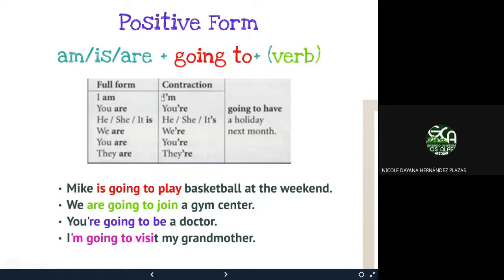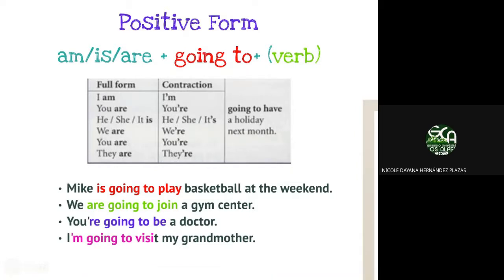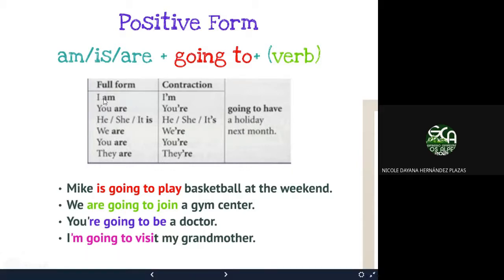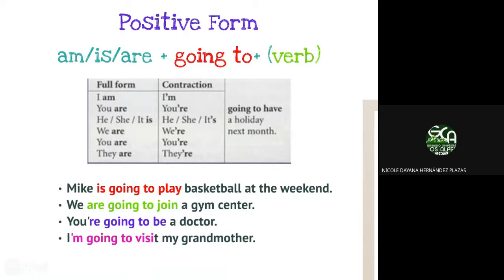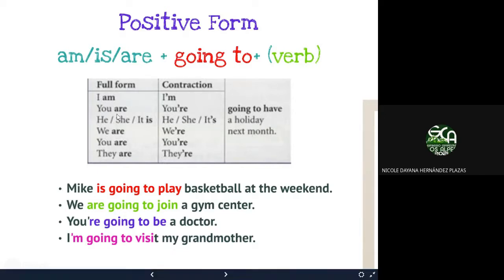Look at this, the apostrophe. Para hacer la forma contraída de algo, pones el apóstrofe y la última parte. So instead of putting I am, you are going to put I'm. That's the contracted form. What about this one? You are. The contracted form is you're. Can you see?